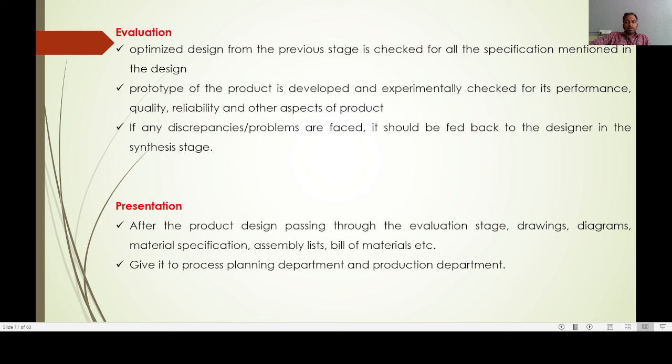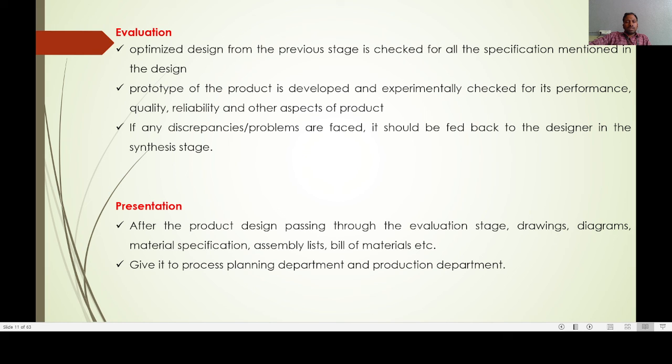Presentation. After the product design passes through the evaluation stage, the drawings, diagrams, material specification, assembly list and bill of material should be in the final diagram. So this final diagram will be sent to the planning department and production department.